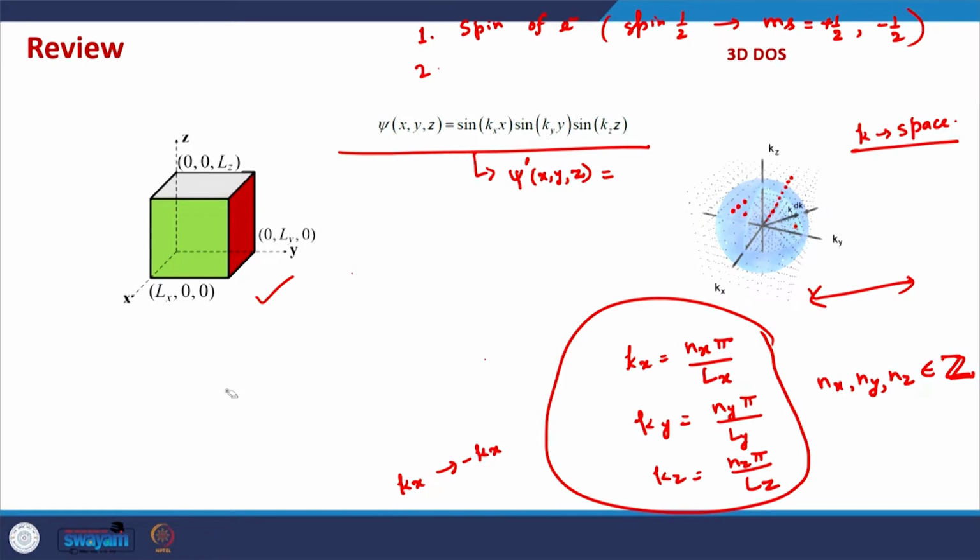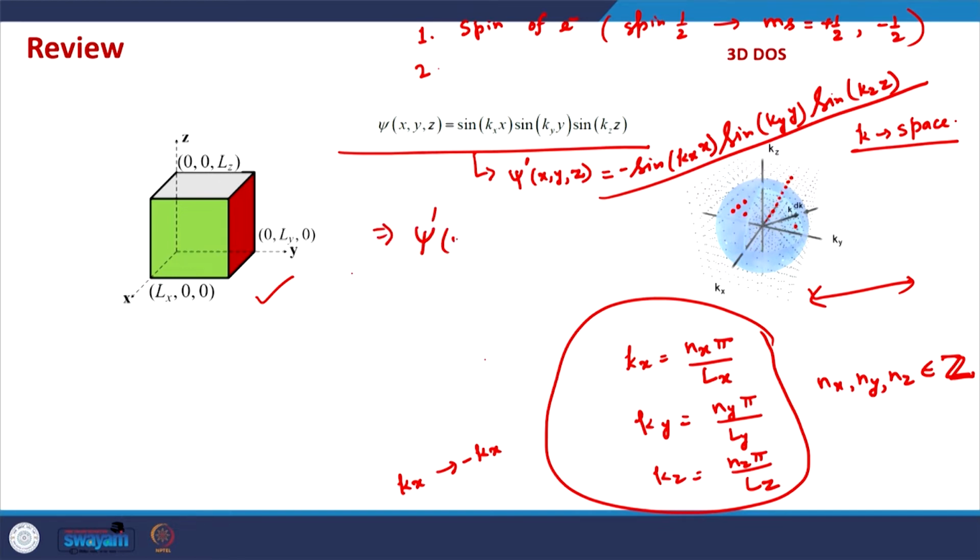Psi prime will be essentially minus sin kx x, sin ky y, sin kz z, which means psi prime(x, y, z) will be minus psi(x, y, z).